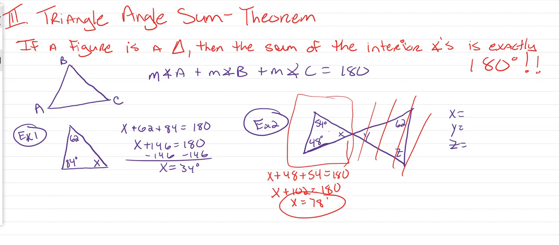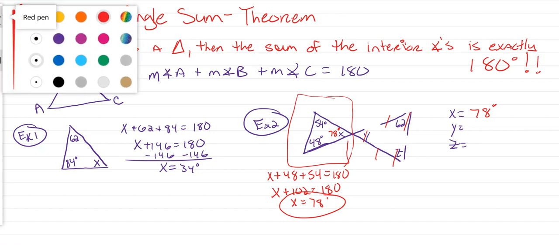So that means this is 78 degrees here for x. Now, what you should know about geometry at this point is that vertical angles are congruent. So since vertical angles are congruent, now I'm going to erase these extra. Oh, I thought they would just go away easy. Darn it. Whatever. Hopefully you can still see enough of it to understand.